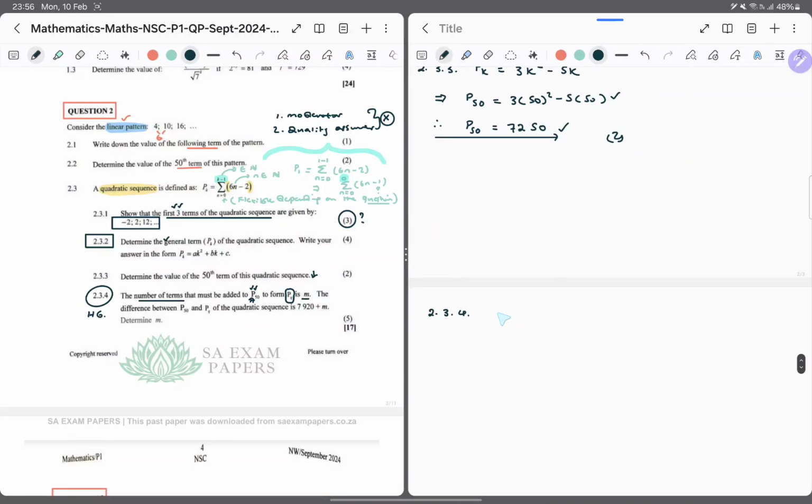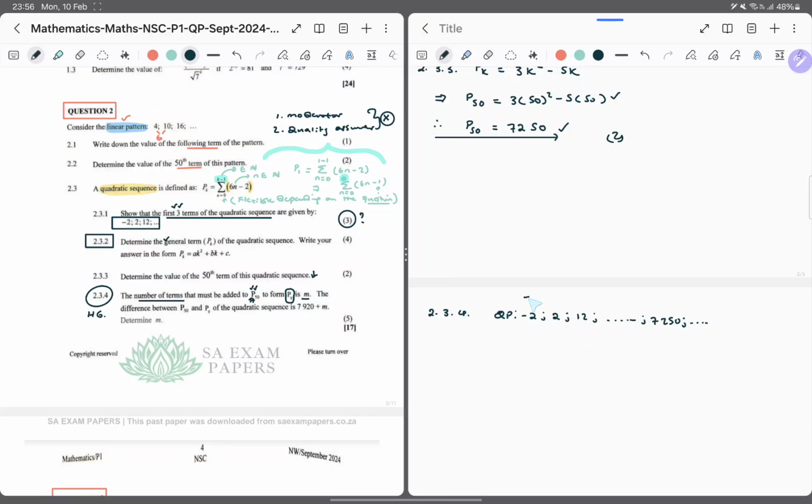What was our quadratic here? We understood that we started at -2. Quadratic pattern started at -2. We went to 2. We went to 12. Now we went all the way to term number 50, which is 7250. Okay, and then this keeps on going.